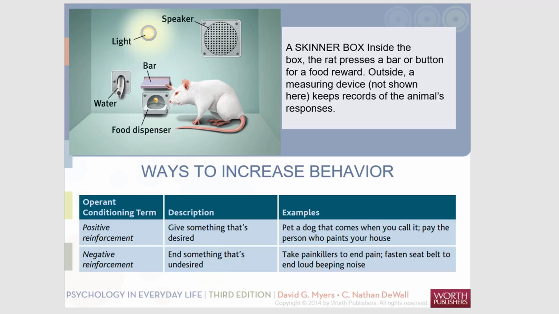Reinforcement schedule is when we get responses, like receiving a grade every week. Continuous reinforcement would be you getting an A grade on your work every week. Partial reinforcement is less.